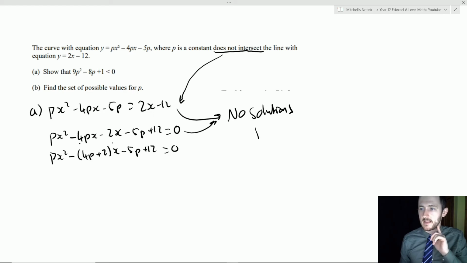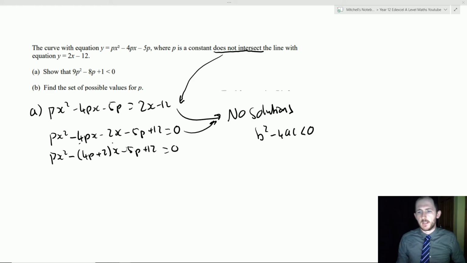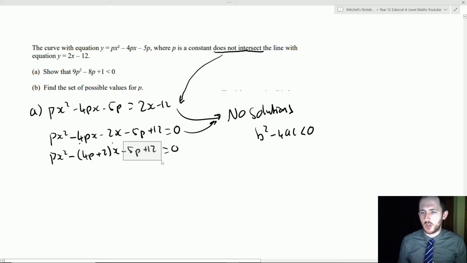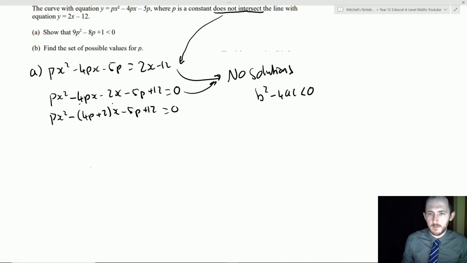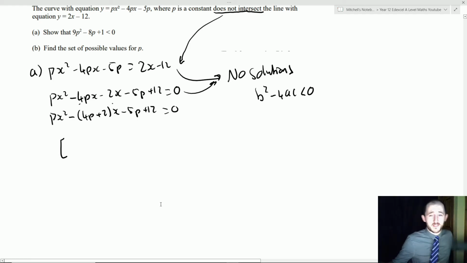No solutions means that b squared minus 4ac, as you guys are experts at, is less than 0. Good. So keep in mind, this is our coefficient c. Sorry, not coefficient, RC. B squared. Bear with me 1 second, my voice has just died.